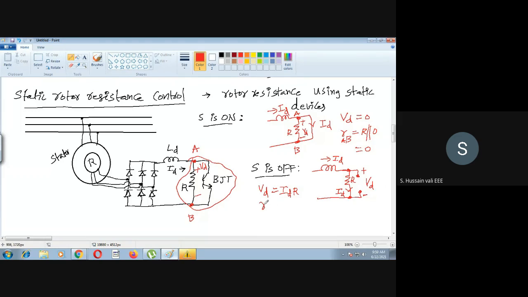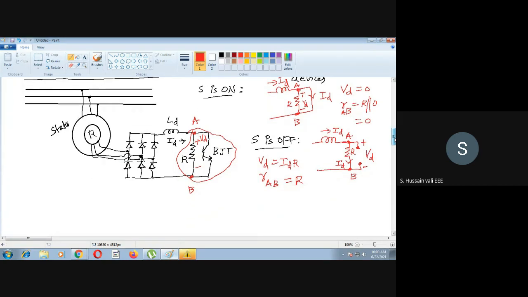Then what is RAB this time, the total resistance across A and B? As it is open, simply that resistance is R. These are the values for the two different cases, switch on and switch off. Now I would like to draw the waveforms of VD and of RAB.